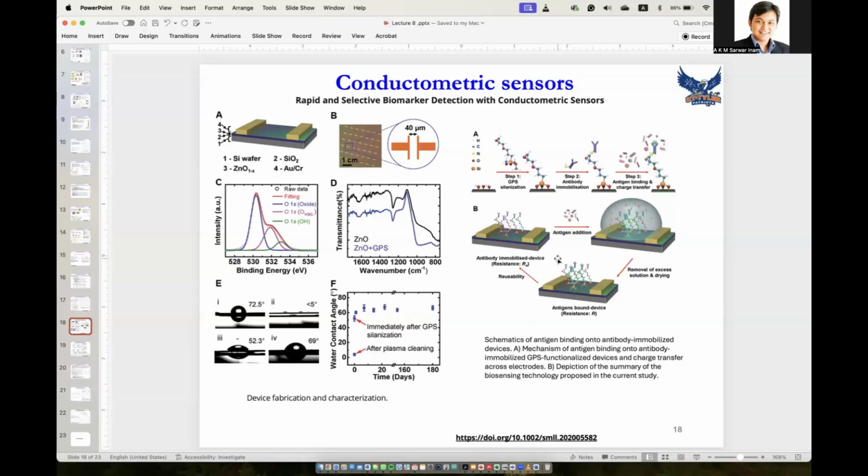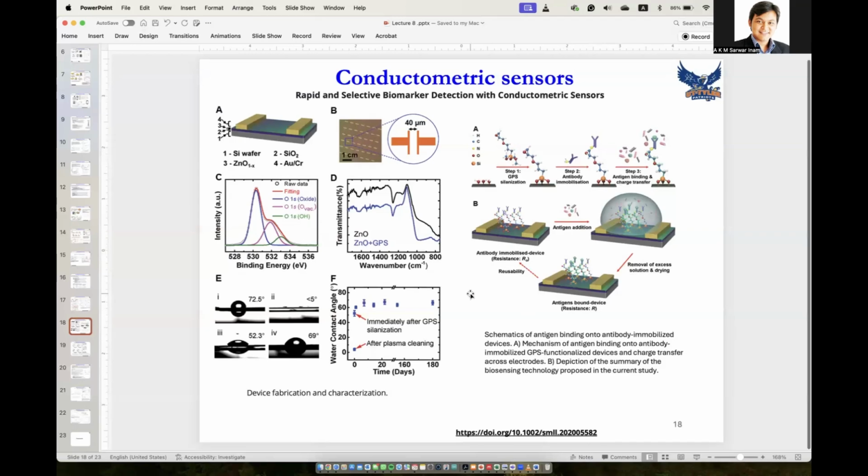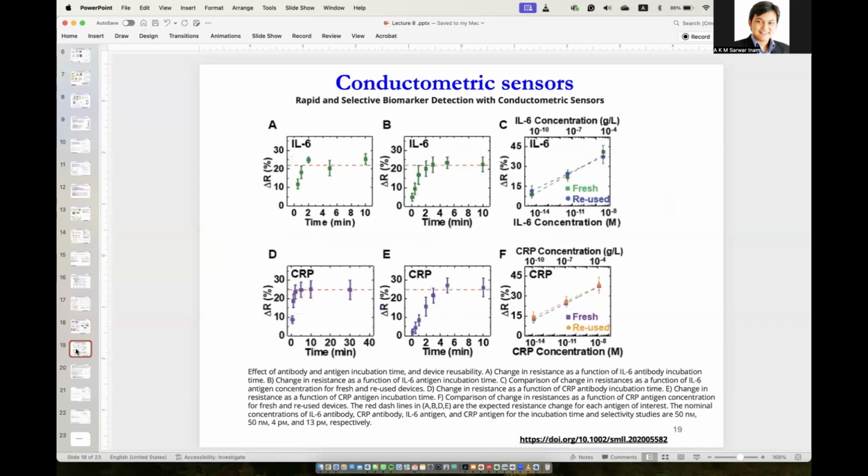So after binding this, what is happening, we can see in this figure the IL-6 one, and then the fresh and reused one. They are measuring the delta R as a percentage of difference, right? The difference of resistance as a conductometric sensor.